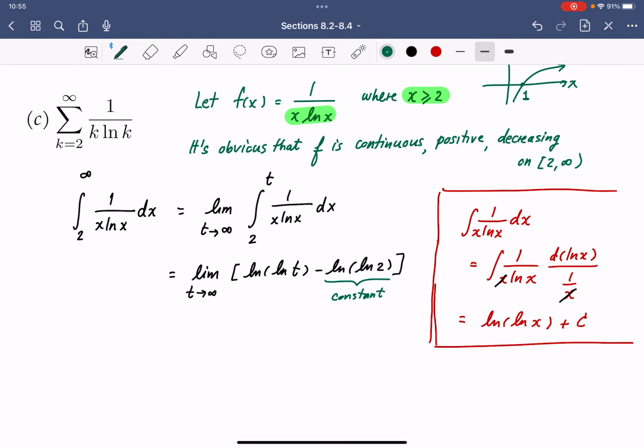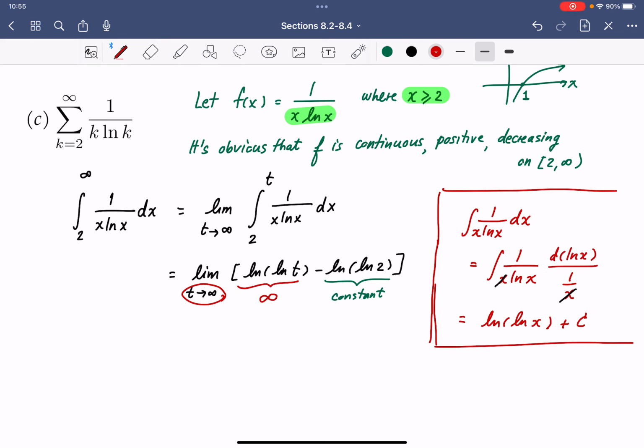I don't care about it, because when you take the limit, the constant compared to infinity is just a small number. So it does not affect the convergent and divergent pattern at all. So when t goes to infinity, this thing is going to go to infinity as well. Because when t goes big, log t goes big, and of course log of big is going to be big as well.